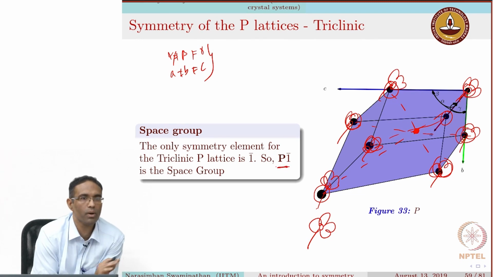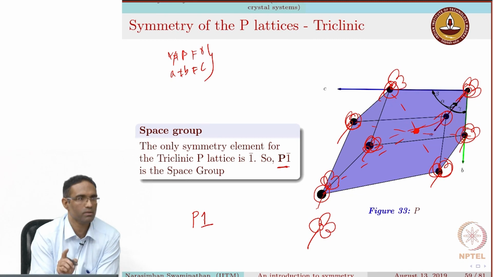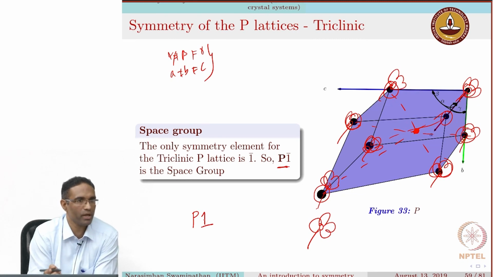There is no one bar. The one bar instantaneously disappears, right? The only symmetry now for this entire space would be 1, correct? There is no other symmetry operator that is present.